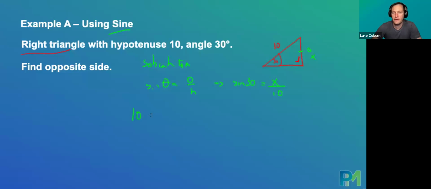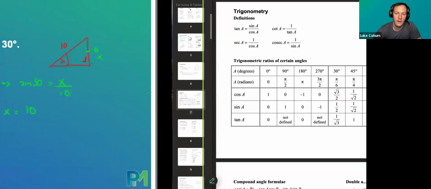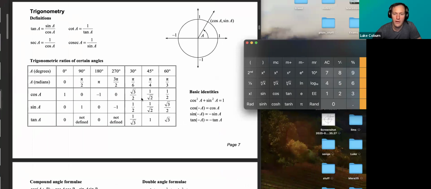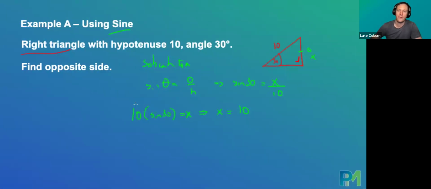So 10 times sine 30 is equal to x. Then if we go to the table, sine of 30 is equal to a half. So x is 10 times a half, and that's equal to 5.